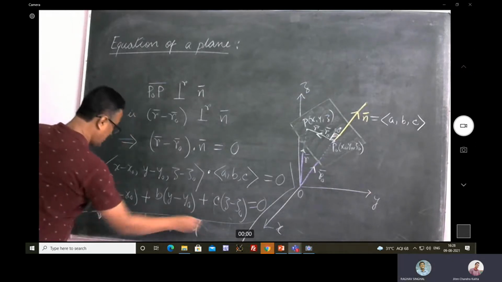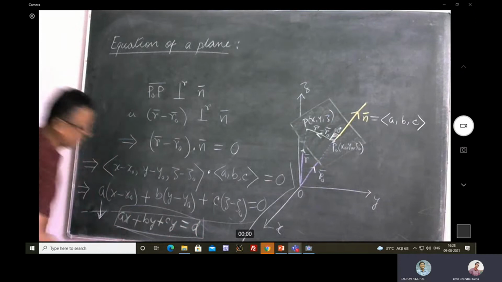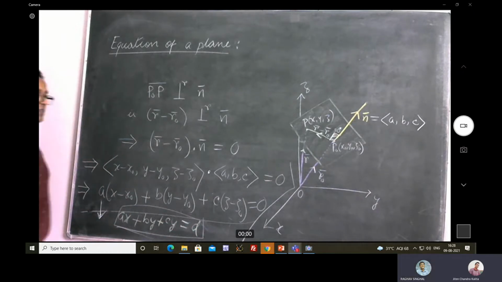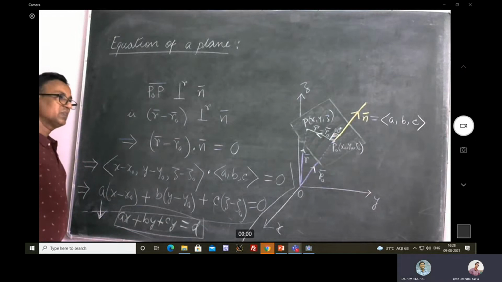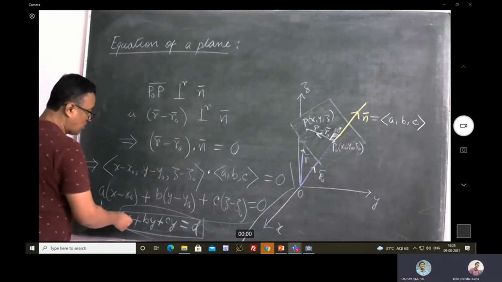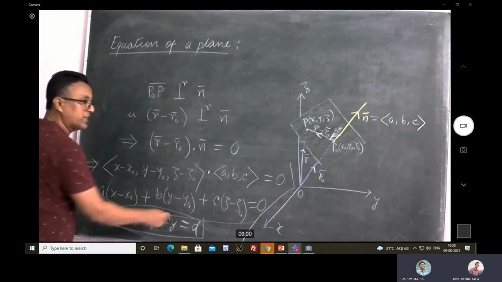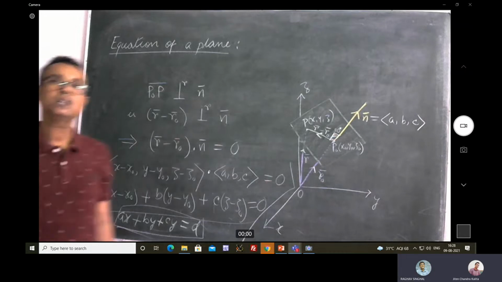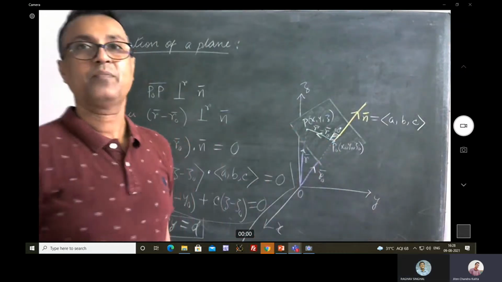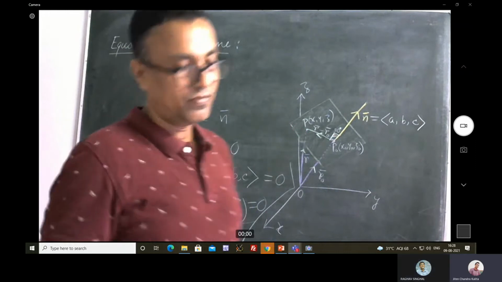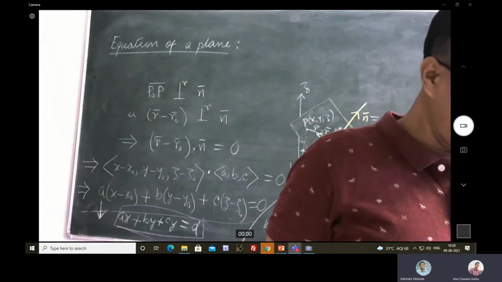Whenever you see an equation like this, you should be able to tell immediately that the coefficients of x, y, and z denote the components of the normal to that plane, which we are going to make use of in order to solve problems.